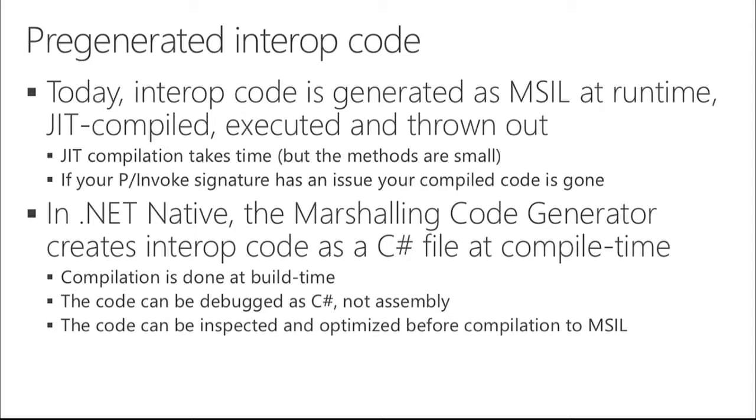If you end up with a problem in your pinvoke signature, which is quite a common thing, it's really hard to debug through the assembly code because that's all that you have to work with. In .NET Native, one of the huge advantages of the marshalling code generator is that you get your interop code as a C# file. When you want to step through that code, you're stepping through C#, not assembly. You can also, if you like, rip apart that code, inspect it, optimize it before it gets compiled to MSIL.